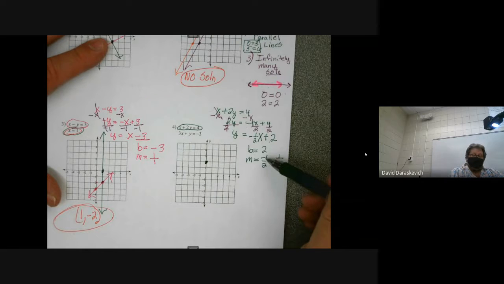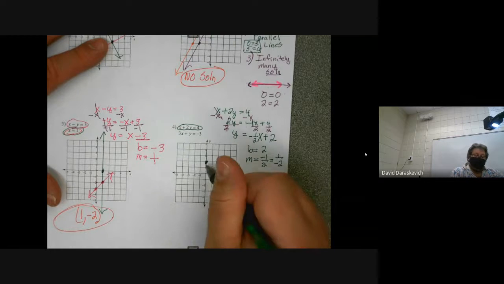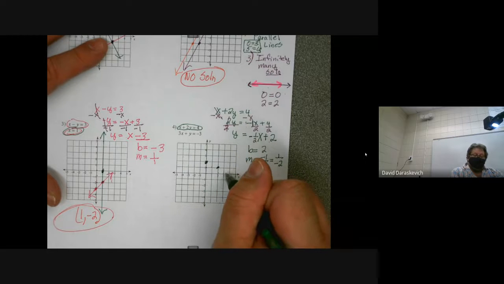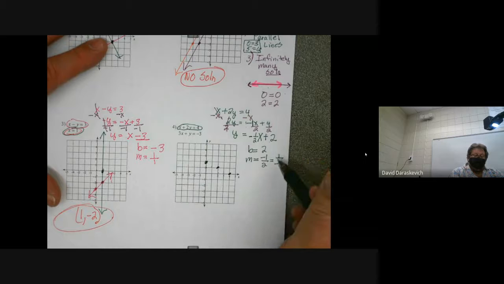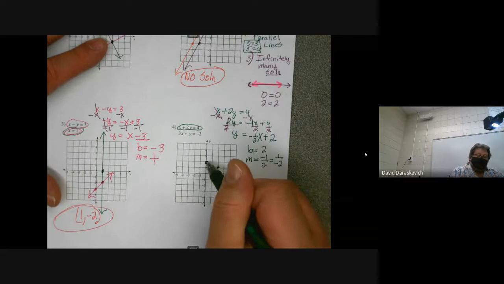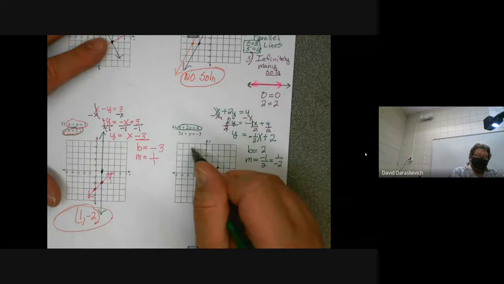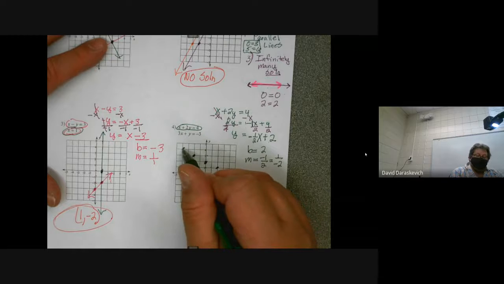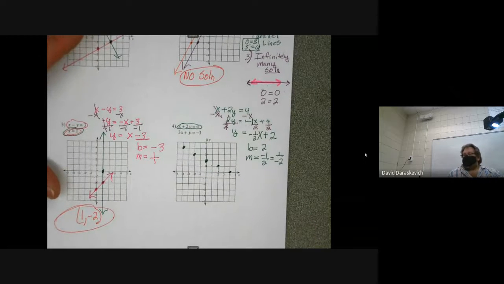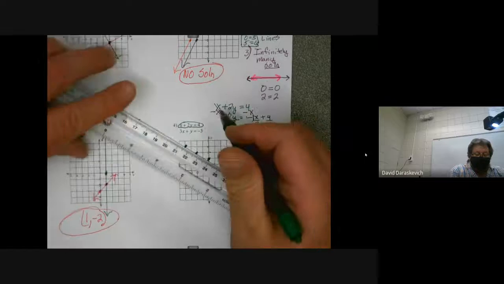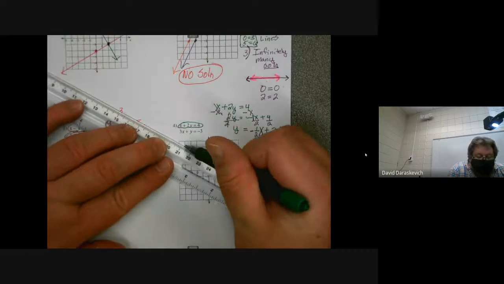I'm going to try negative 1 to the right 2. All right. Or maybe I'll put a couple points in using this one. Up 1 to the left 2, up 1 to the left 2. See, no matter which one I use, I get the same line. It should be on the same line.